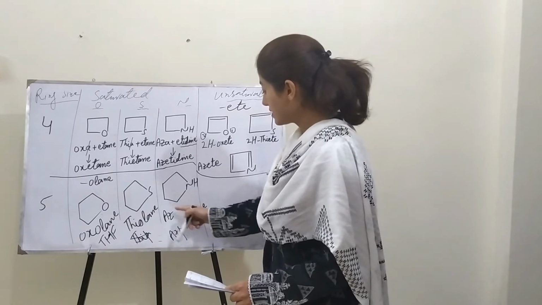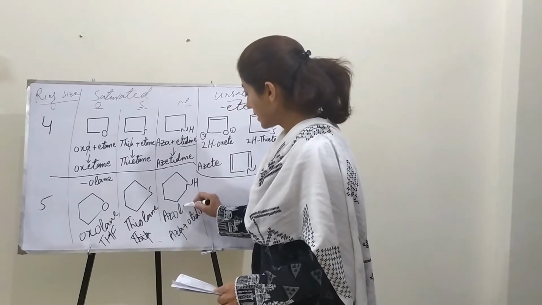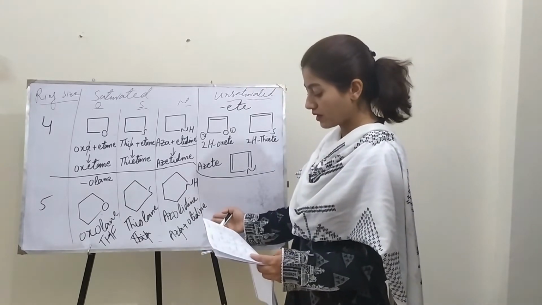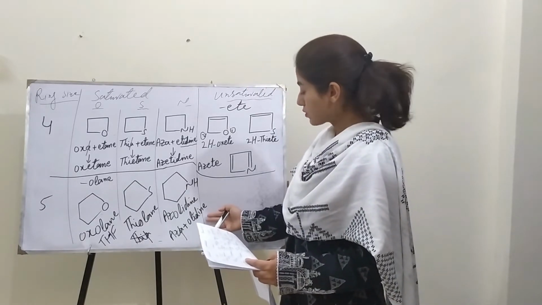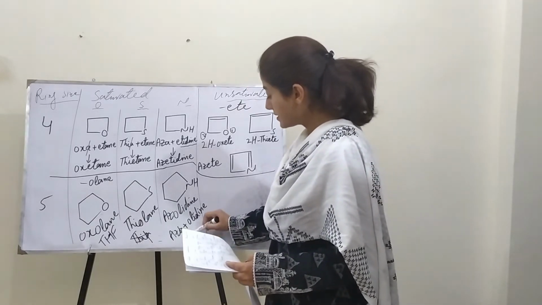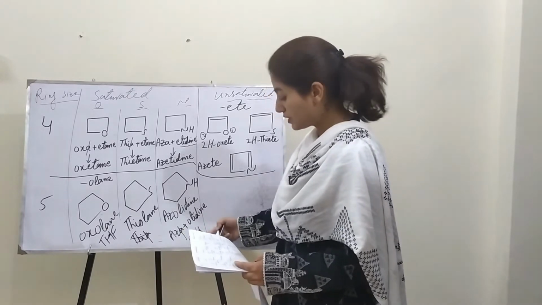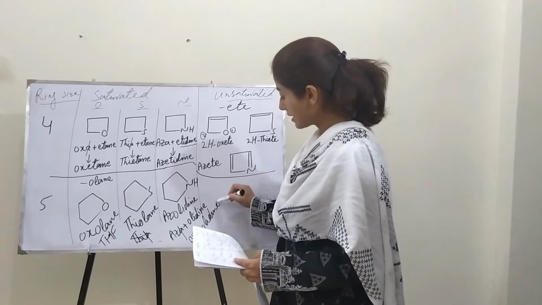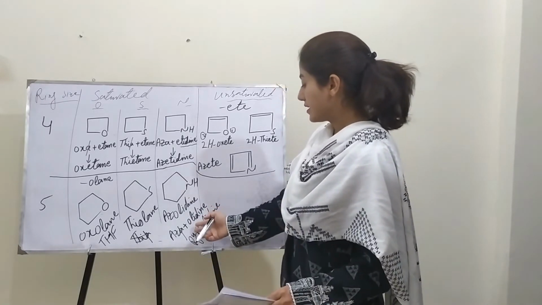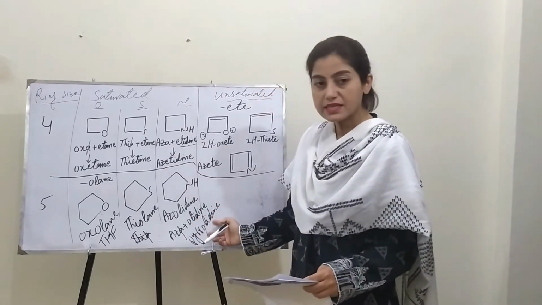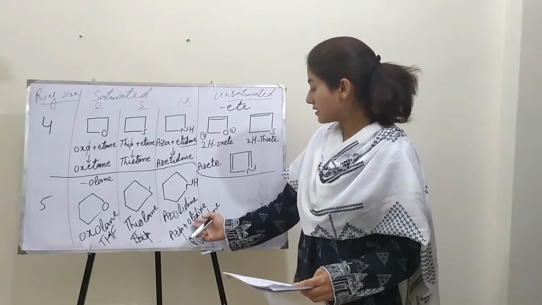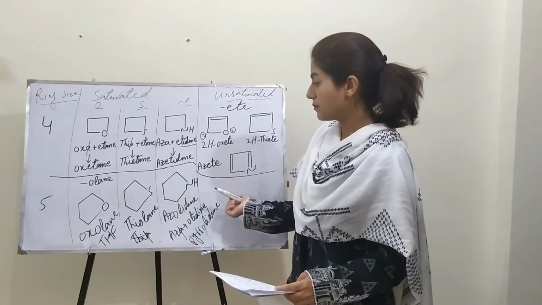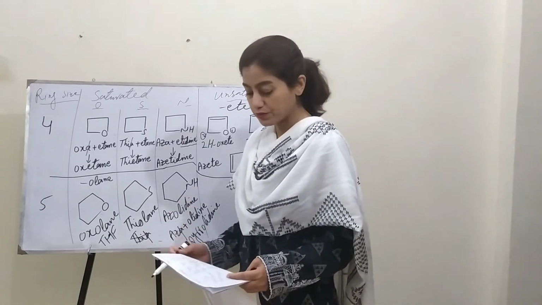So here the final name would become azolidine, and its common name is pyrrolidine. The pyrrolidine is the common name and azolidine would be its name according to the set of rules.